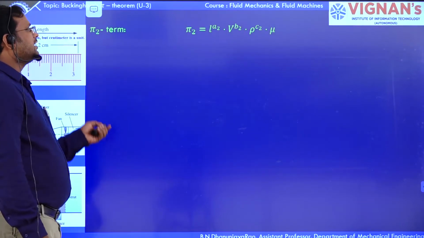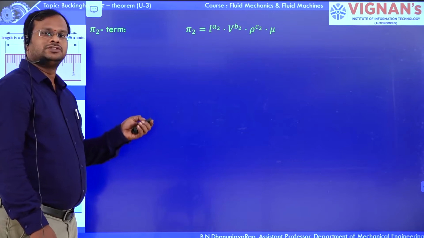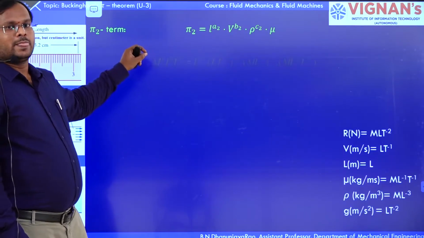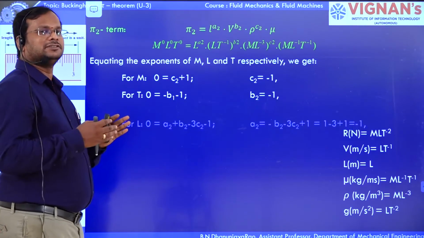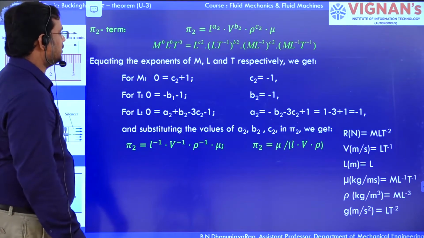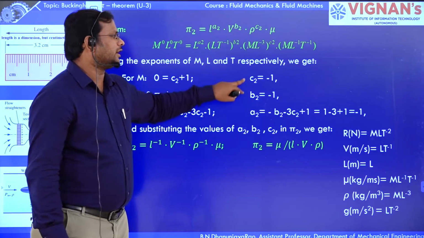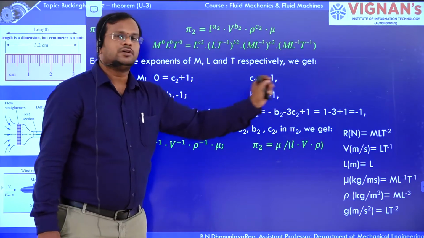Now here there is the pi 2 term. We need to apply dimensional homogeneity to this particular pi term. We need to write the fundamental dimensions for the left side expression and for the right side expression also. Equating the exponents of M, L, T, we come to know that C2 is equal to minus 1, B2 is equal to minus 1, and A2 is equal to minus 1.